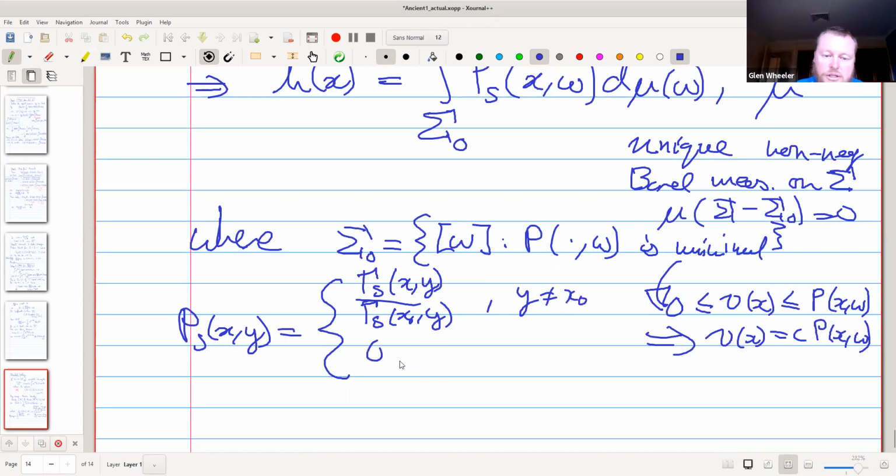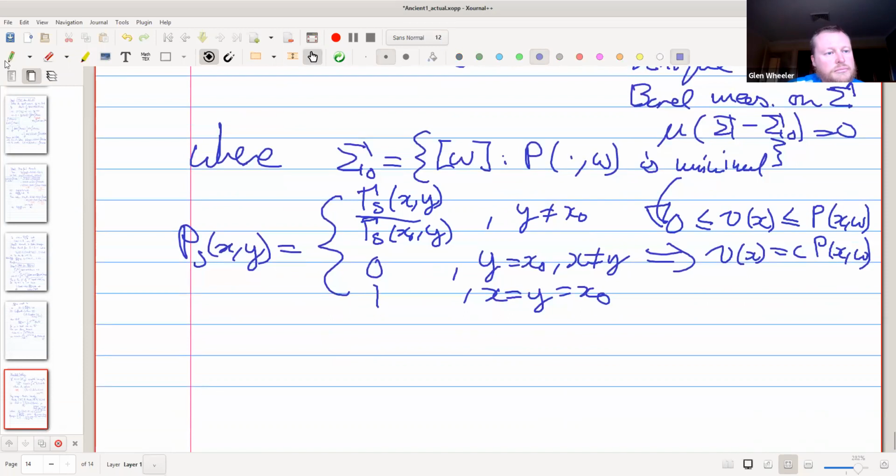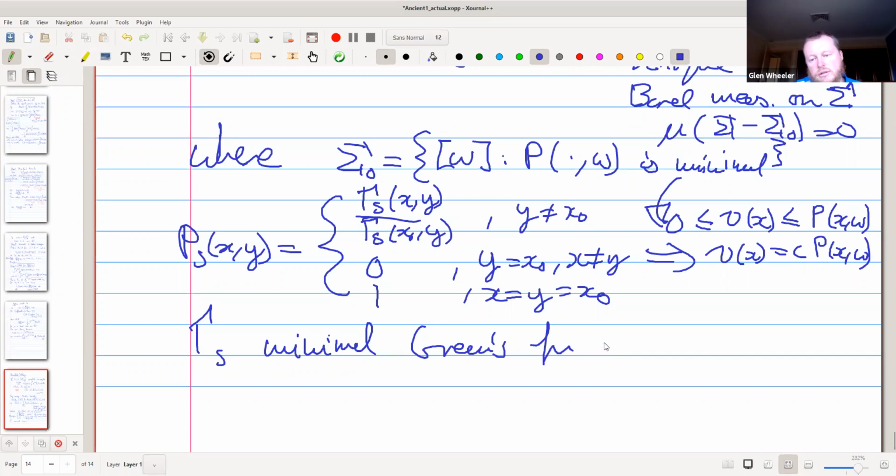Okay, and then it should be 0 if y is x0 but x is not equal to y, and otherwise it should be 1 if everything is equal. So gamma s is the minimal Green's function for Laplace minus s.